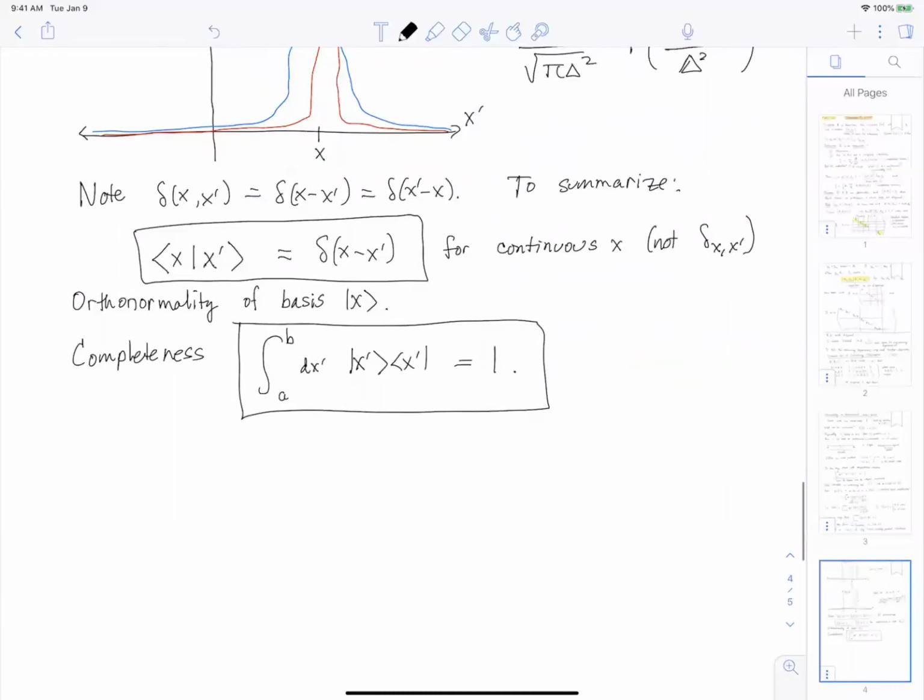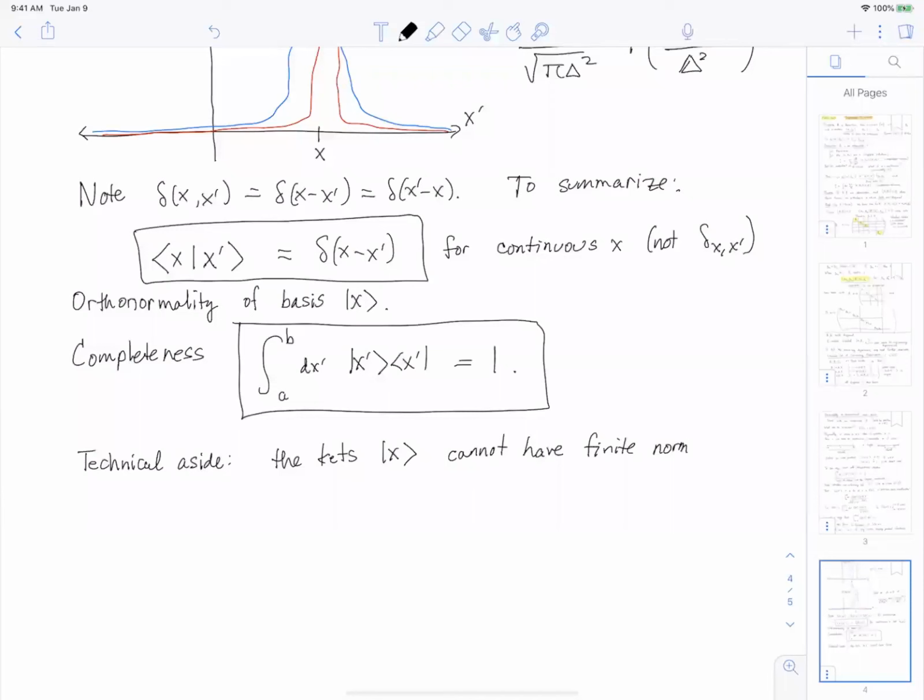But here's where I have to tell you that this is all sort of a lie, but it's morally okay. So, technical aside, the kets that we've been talking about as eigenkets of position cannot have finite norm. Before, when we've been talking about kets, if the norm isn't 1, then you can just multiply by 1 over the square root of the norm, and then it will have norm 1.